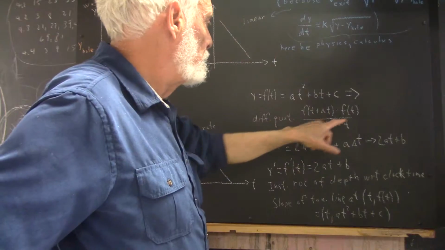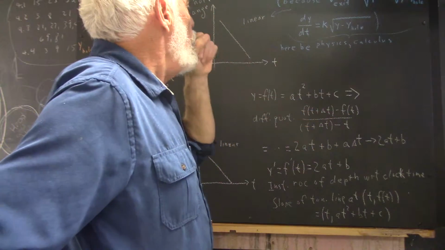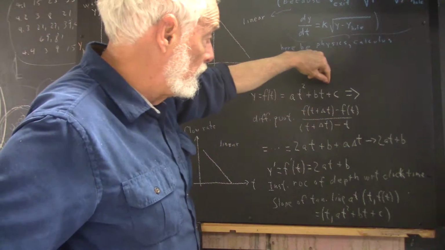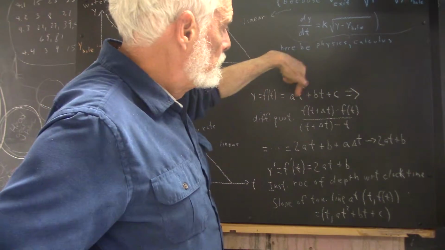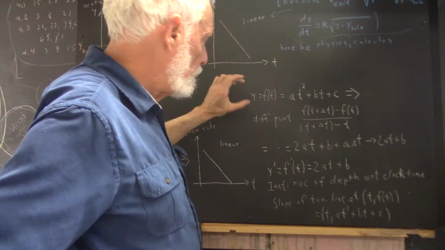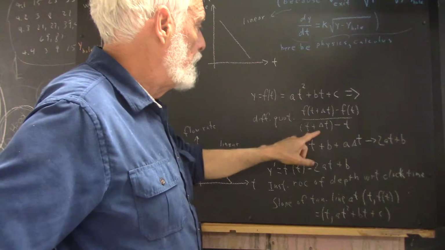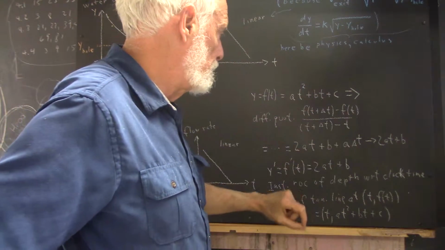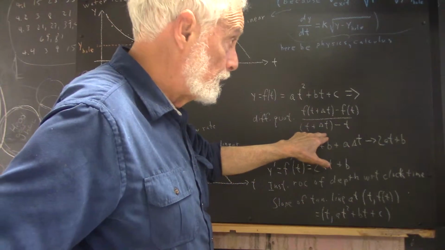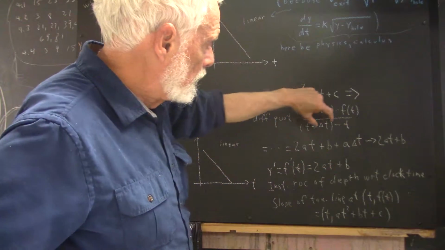So, if we evaluate the function at t plus delta t and at t and subtract the 2, we get the change in the value of the function, which will be the change in the level of the water. We divide that by t plus delta t minus t, and of course that's just delta t, and we're dividing by the time interval.